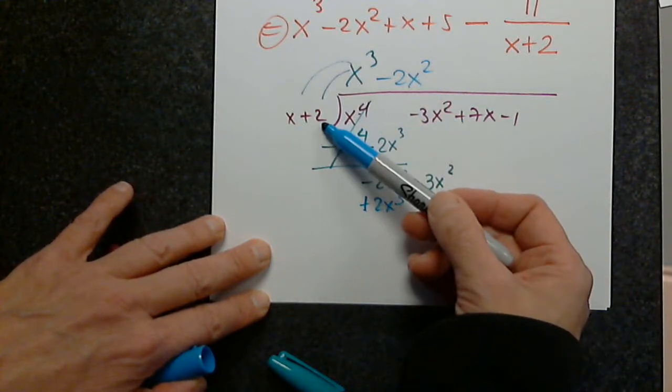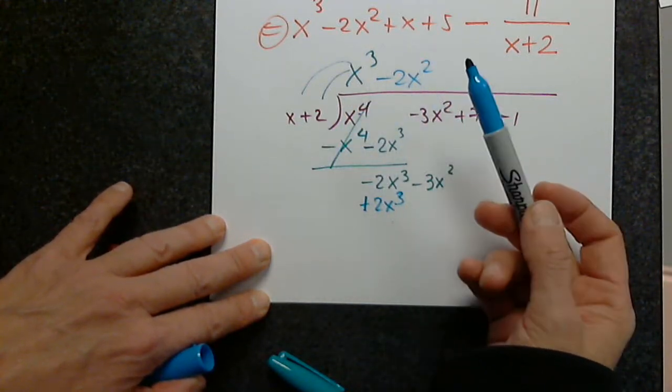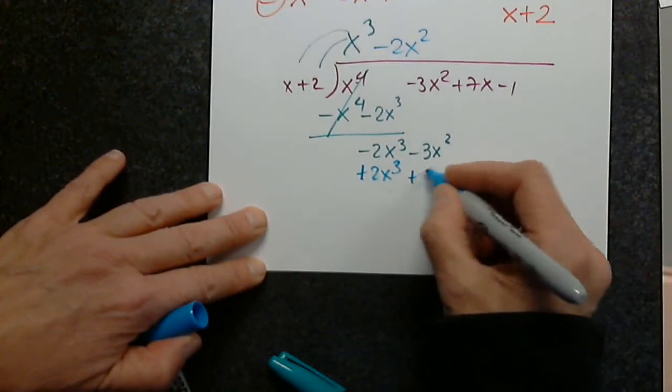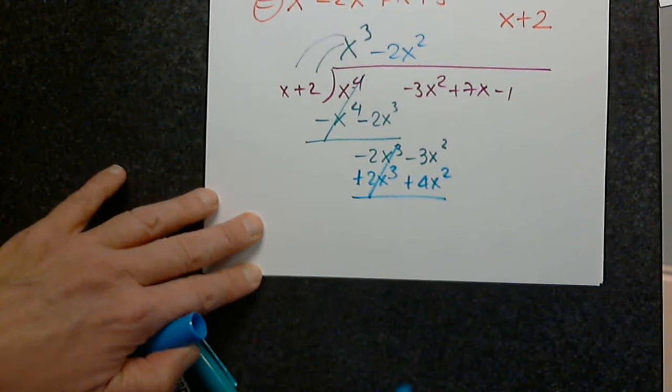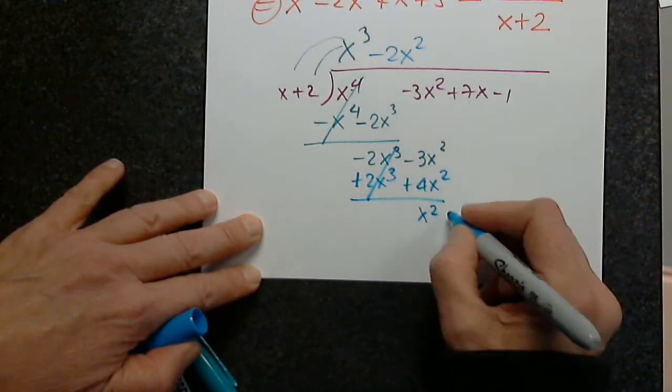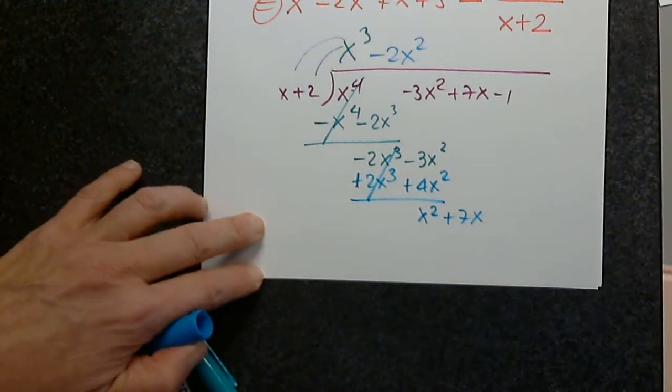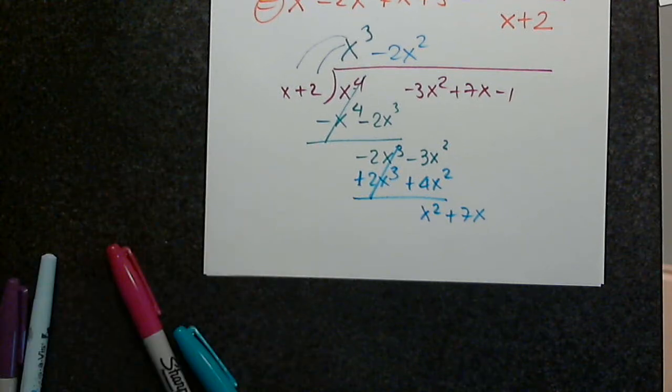Negative 2x squared times 2 is negative 4x squared, but I have to change the sign. Perform the operations and bring down the next in line. Next question. x times what is x squared?